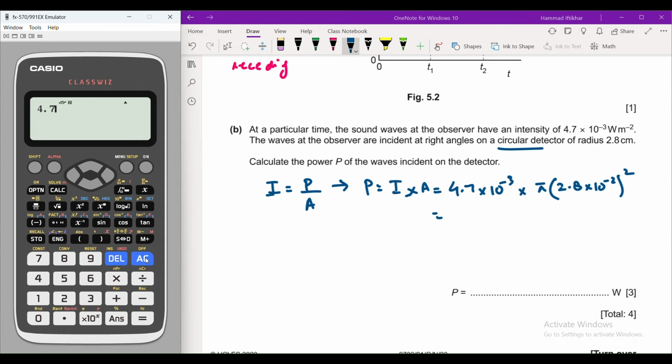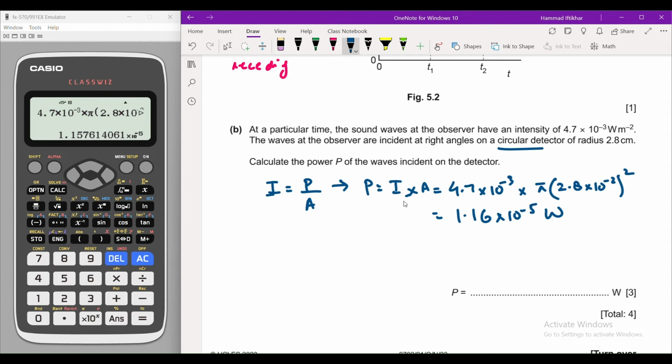So 4.7 × 10^-3 times pi multiplied by (2.8 × 10^-2) whole squared. We get 1.15, sorry, 1.16 × 10^-5 watts.